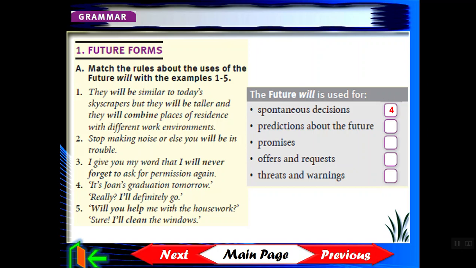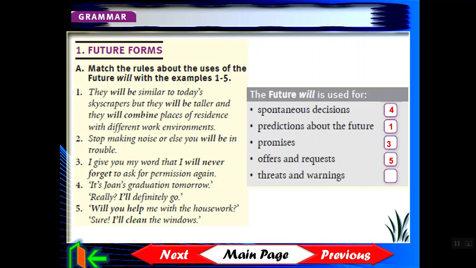The answer is number 1, will be similar. Okay, you are predicting. Number 3, promises. Which sentence do you think has a promise? It is number 3. And the fourth point, offers and requests, it is number 5.